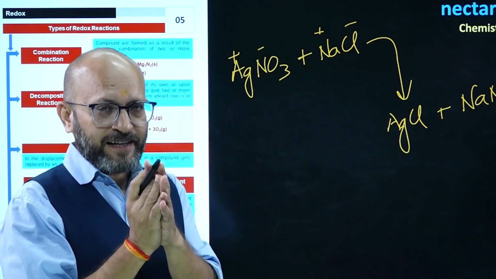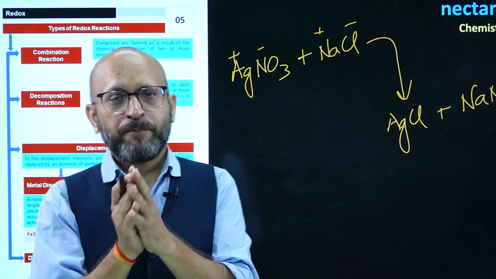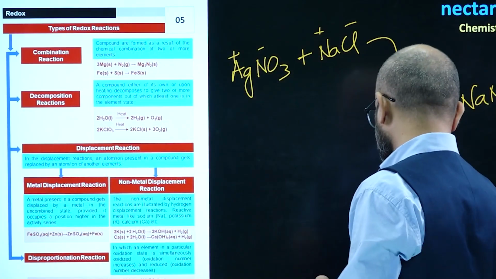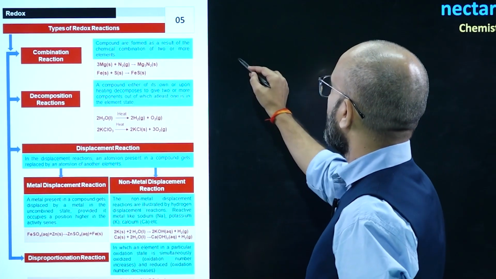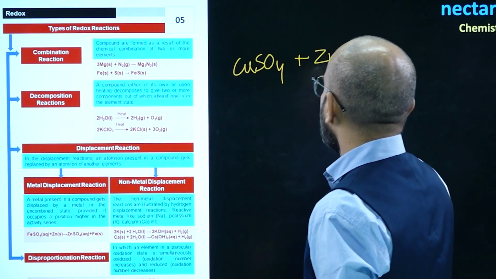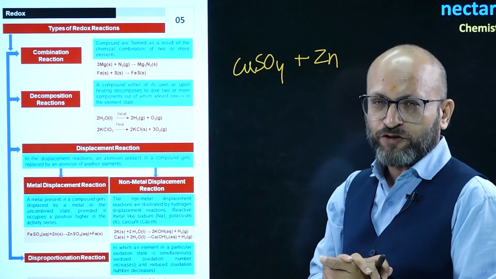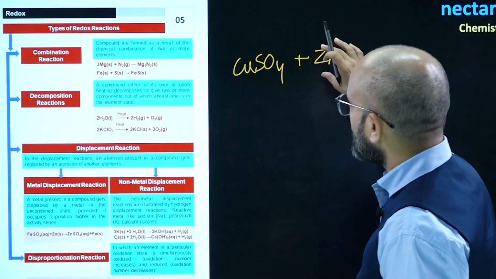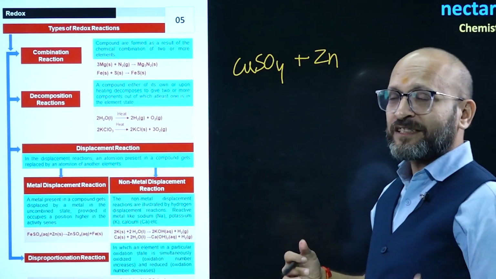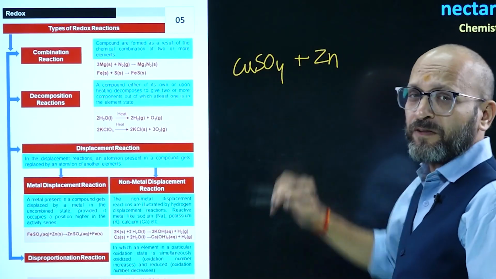I'll give one example where single displacement is happening as well. If you have copper sulfate and you take zinc metal, what will happen? Since zinc is higher up in the electrochemical series, its tendency of getting oxidized is more than copper. Zinc will oxidize and copper will reduce.